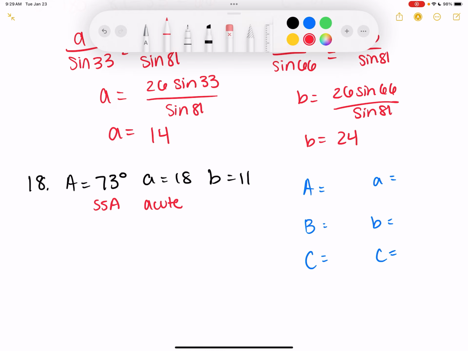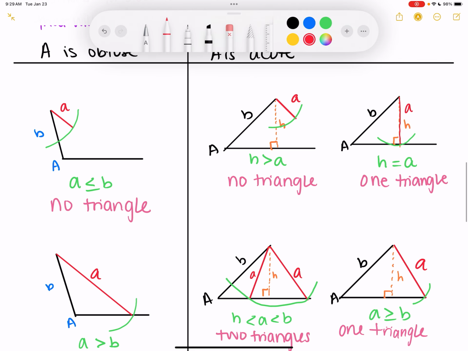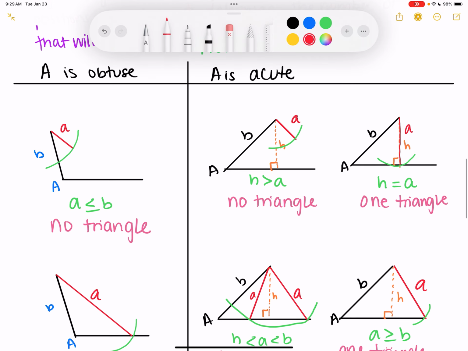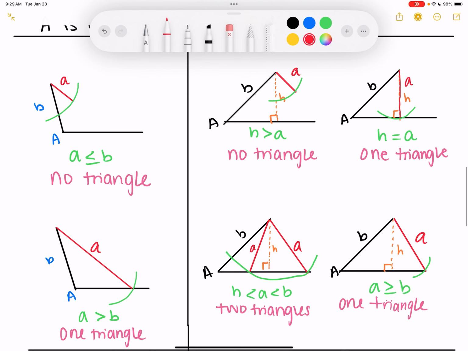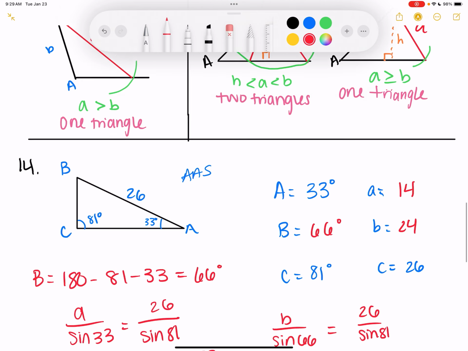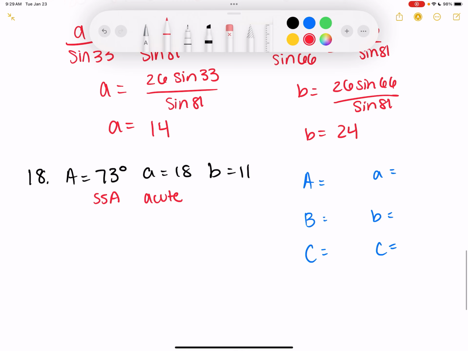So I've got up here, and we fortunately in this problem are using the same letters as our sample up here. So I'm looking first, is A greater than or equal to B? Before I find H. Is A greater than or equal to B? Okay, so A is greater than or equal to B. That means we have one triangle.